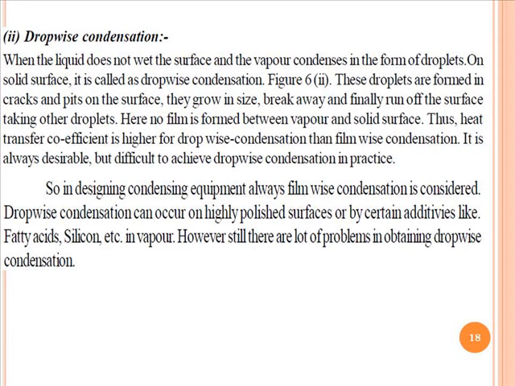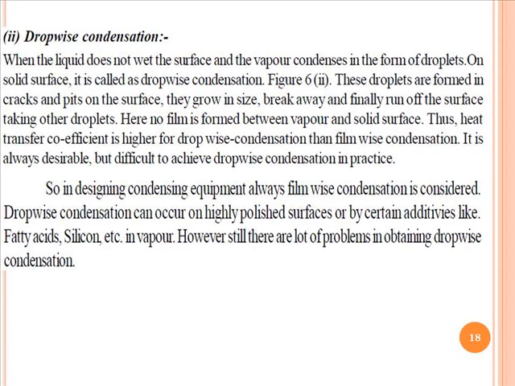Drop-wise condensation is always desirable in industry as well as in real-life applications, but it is very difficult to achieve in regular practice. For designing condensing equipment, film-wise condensation is always considered.